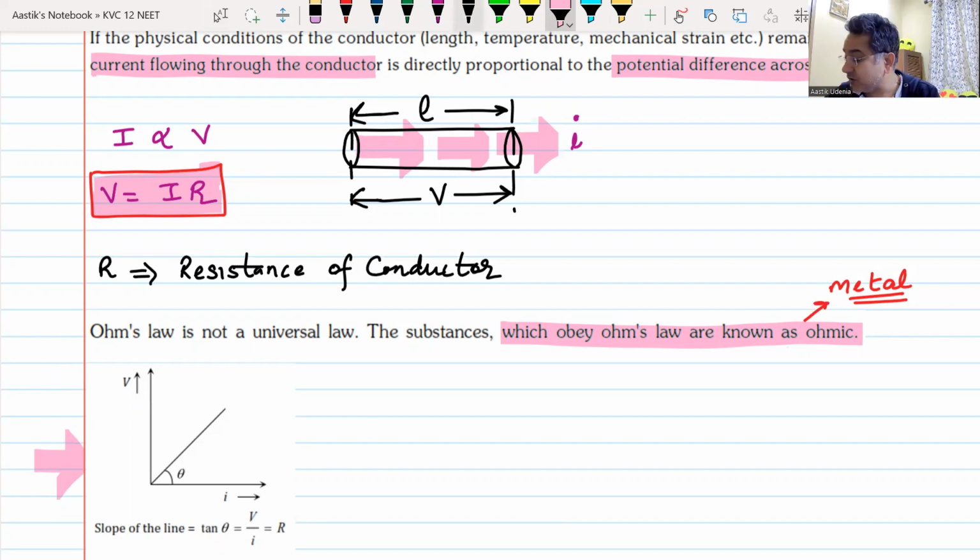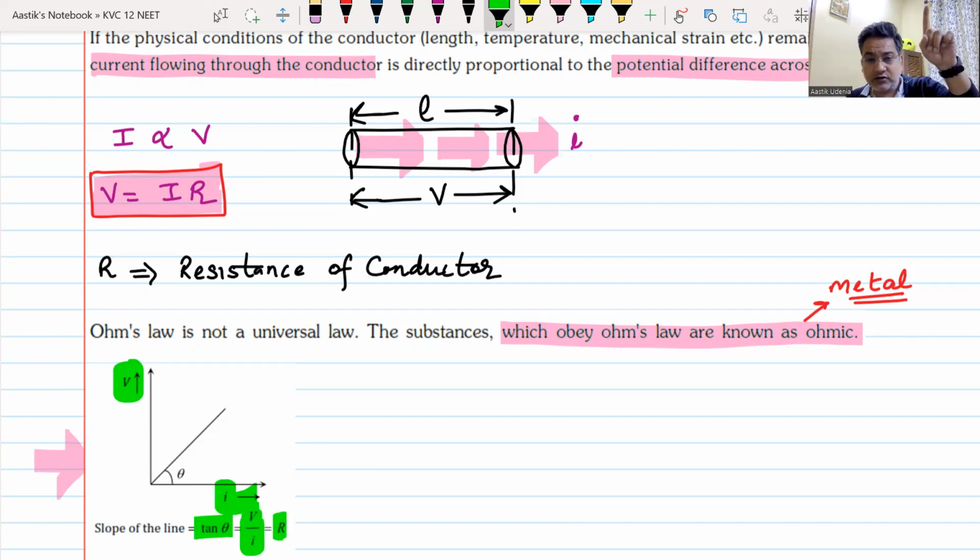If I plot V on the y-axis and I, current, on the x-axis, the tan theta or slope of this graph will give me the resistance. But sometimes I is plotted on the y-axis and V is plotted on the x-axis, so you have to take the angle with the y-axis. Do we understand what I'm telling you here?